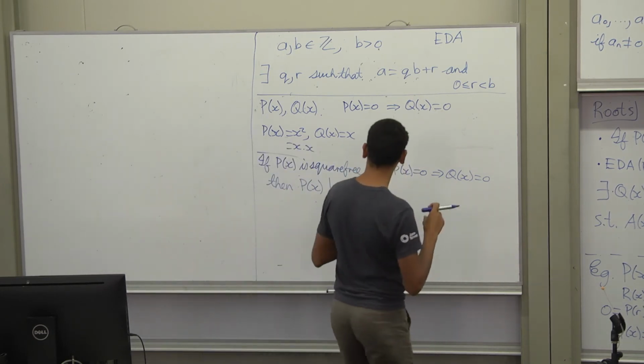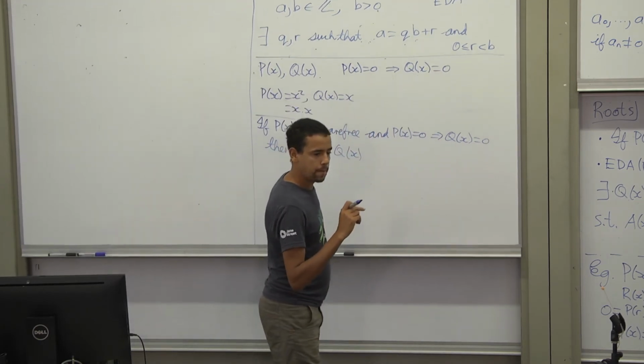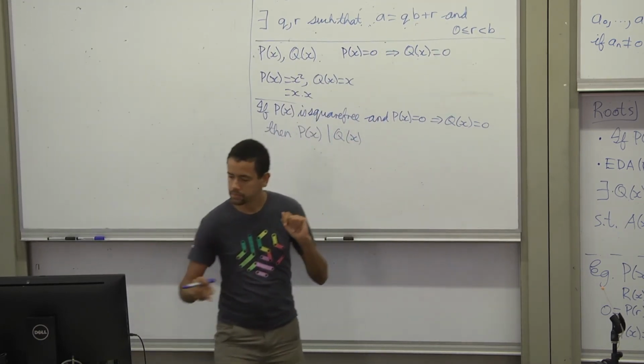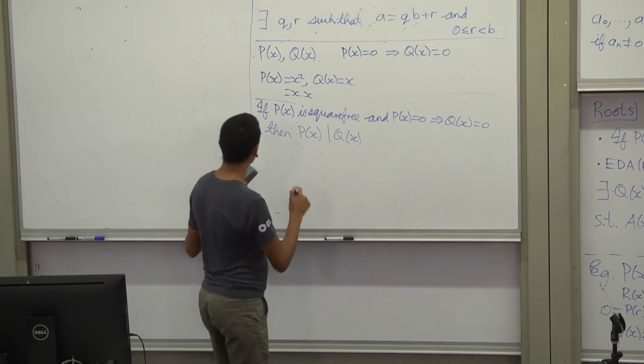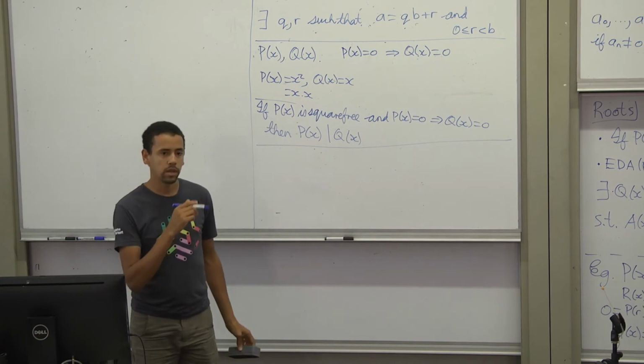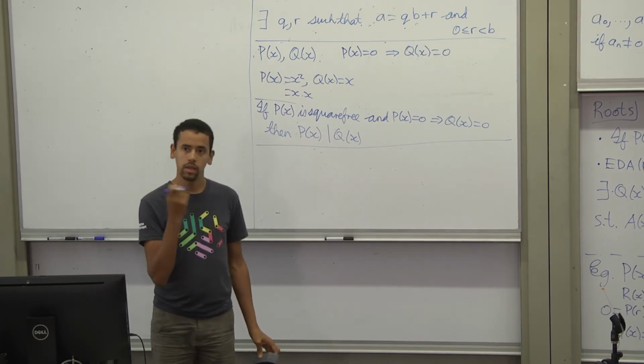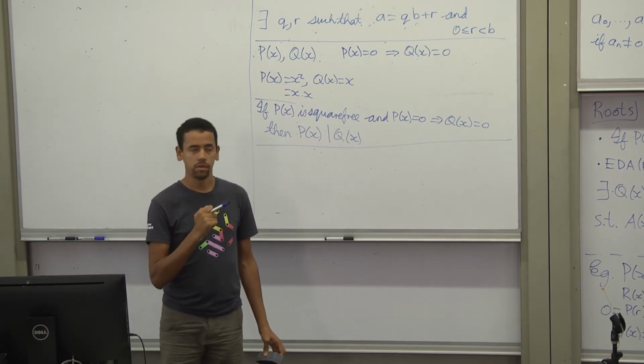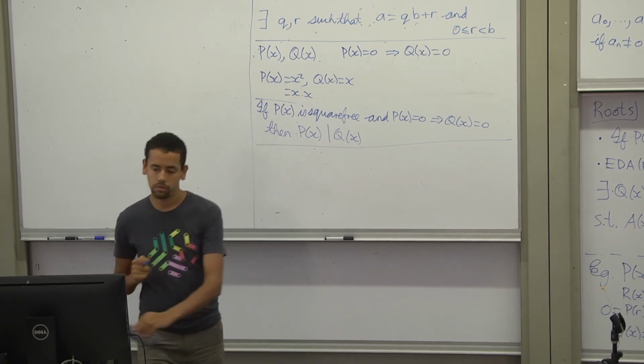Okay, I'm going to have to fly through the rest of this. So, a very important thing about the roots of a polynomial related to the degree is that a polynomial cannot have too many roots.